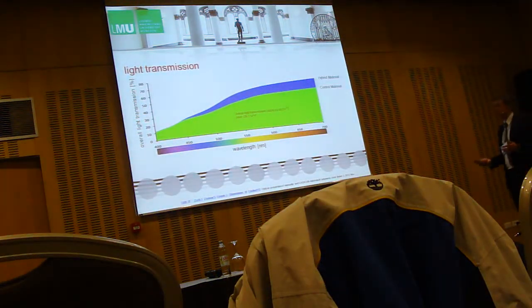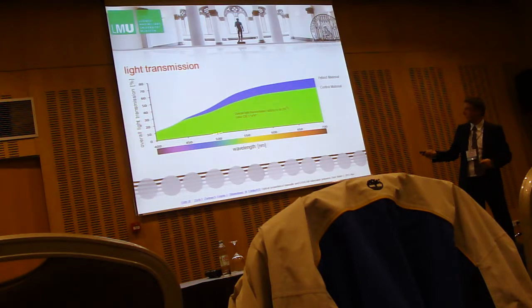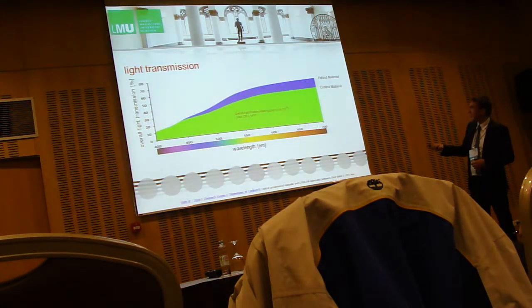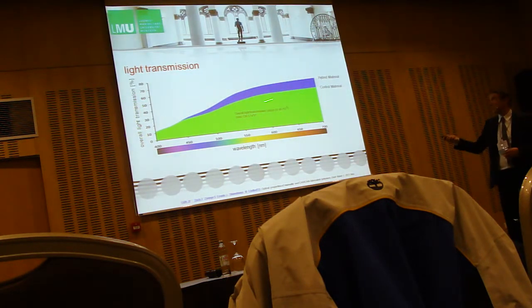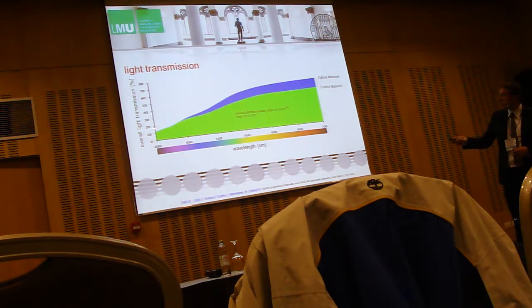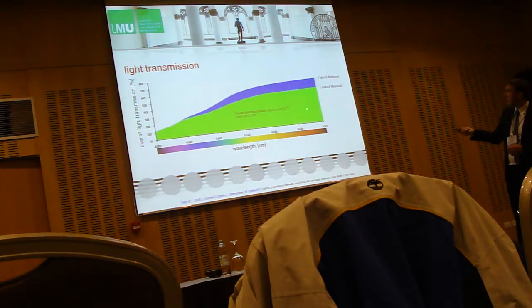The translucency was measured between 400 and 700 nanometers, and for each 2 nanometers, one percentage value of the light transmission was measured. Then for each material a specific graph could be shown, and we could compare the materials with each other for each wavelength, but also the overall transmission.